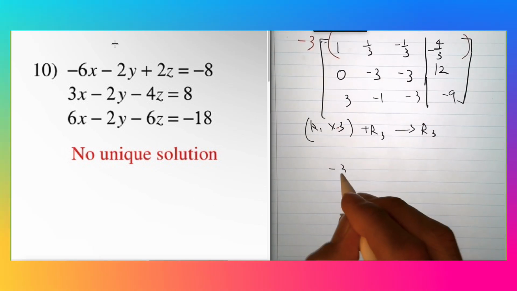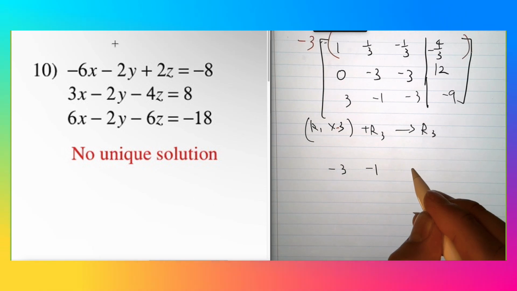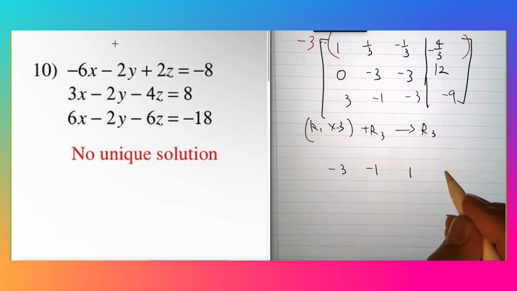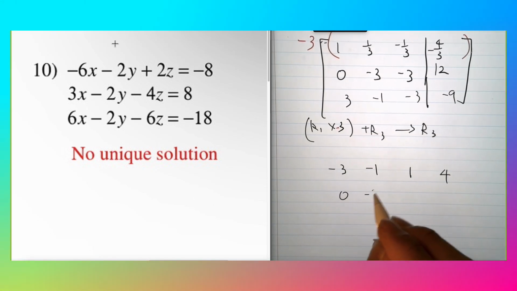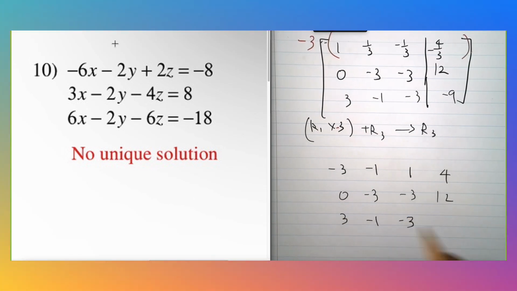So we have negative 3, negative 1, positive 1. Watch out for the sign. And positive 4. Then 0, negative 3, negative 3, 12. And 3, negative 1, negative 3, negative 9.